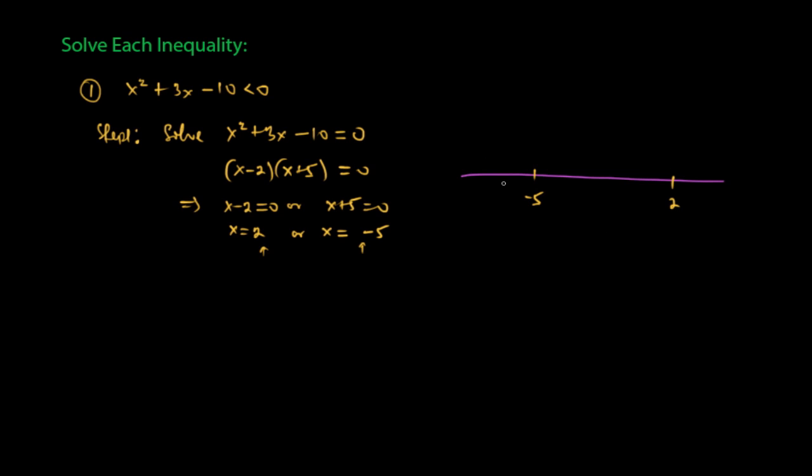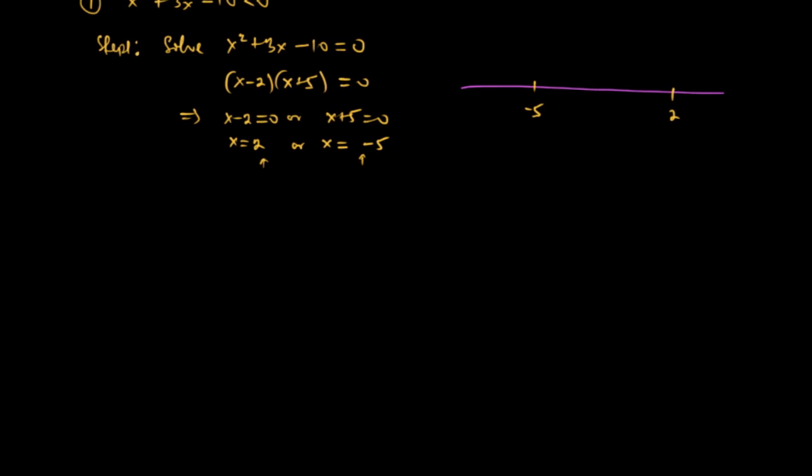So we're going to use the number line as a paradigm in helping us to find the range of values of x that satisfies this quadratic inequality. So let's see how we go about that. The next thing I'm going to do, which I'm going to call step 2, is draw a table. So let's draw it here to make it clearer.